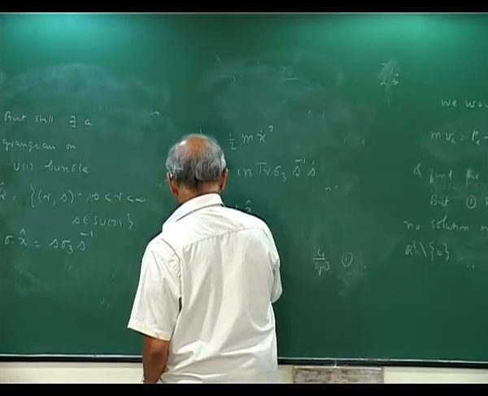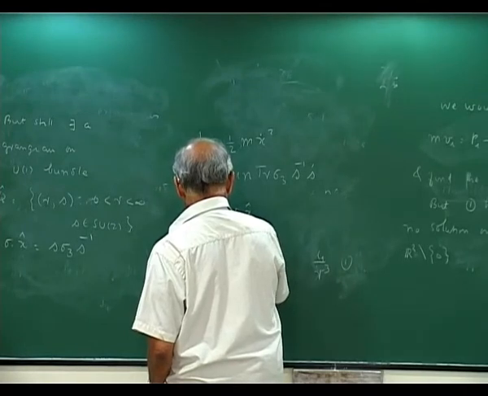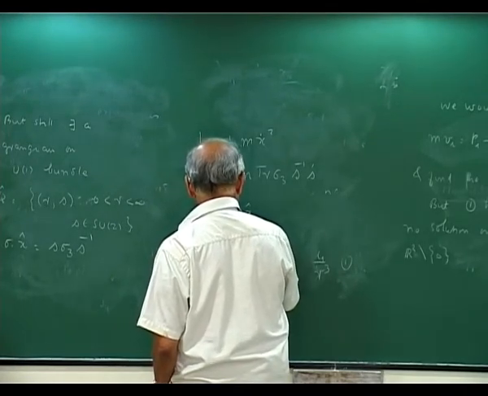So x dot is r dot x hat plus r x hat dot.